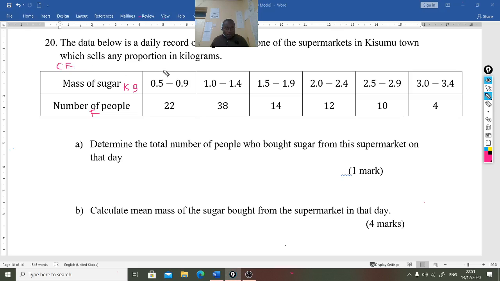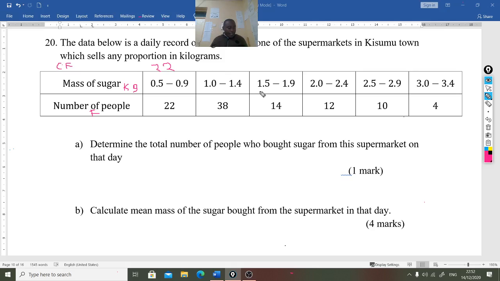We start with 22. Remember, it is going to assist us in calculating the mean. We are talking about the mean.